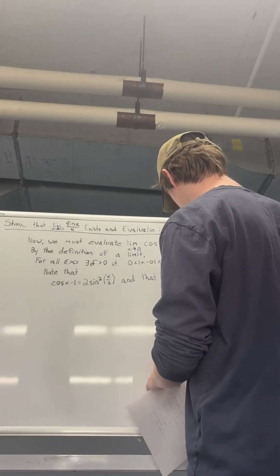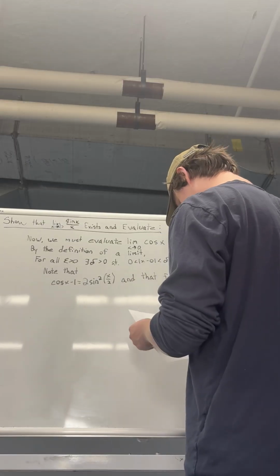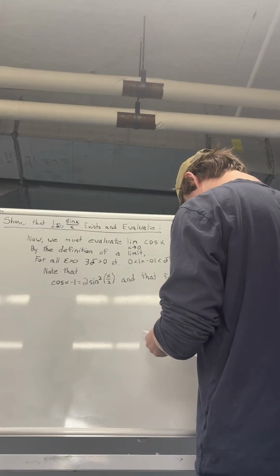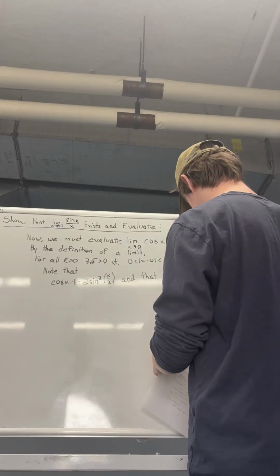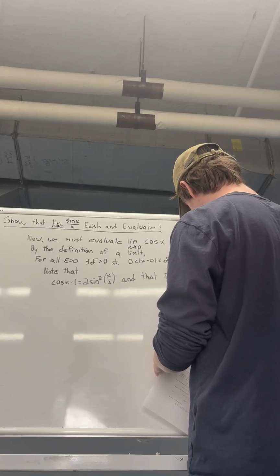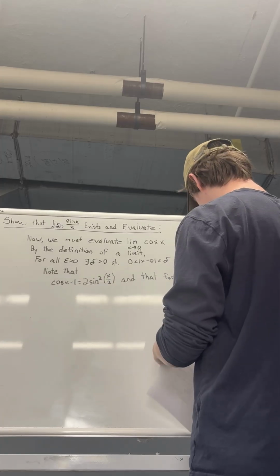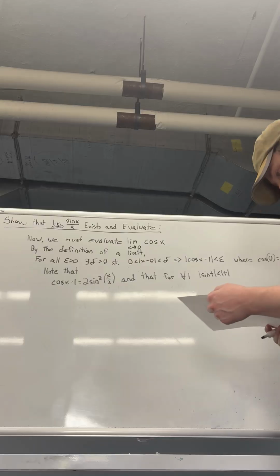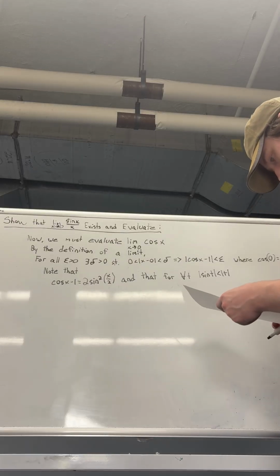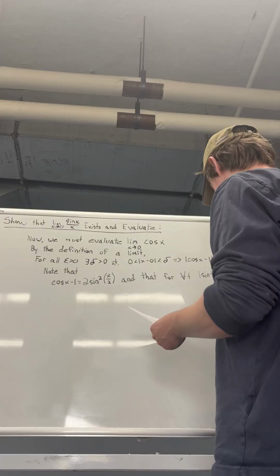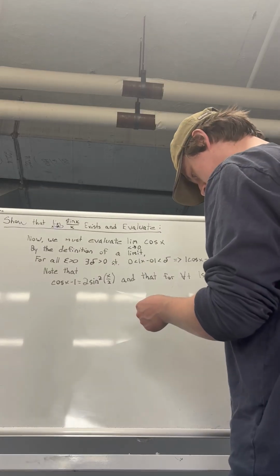And also, I invite us to recall the sine inequality, which states that the absolute value of sine of t is less than or equal to the absolute value of t itself. We will use this to develop an inequality that will allow us to show the implication from x being less than delta to the absolute value of cosine minus 1 being less than epsilon.